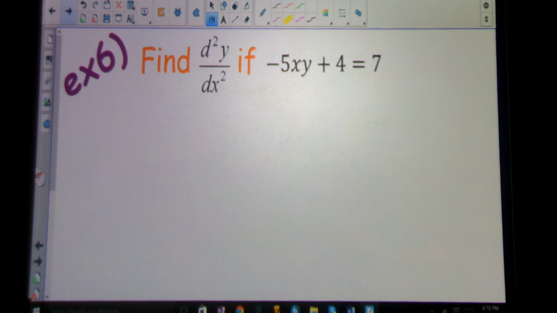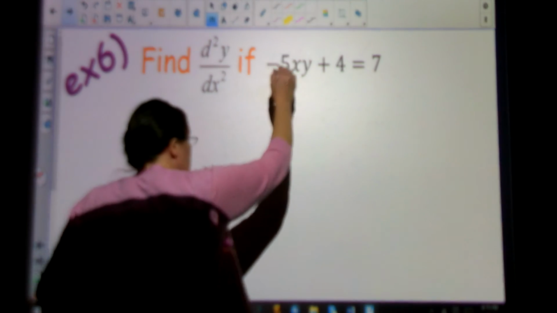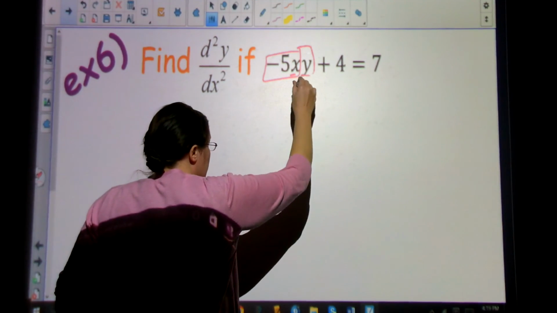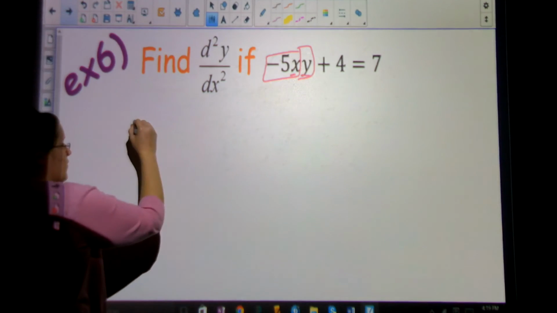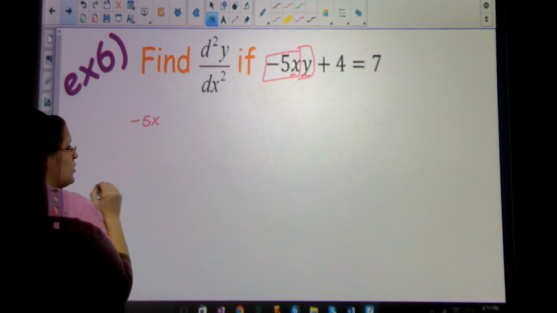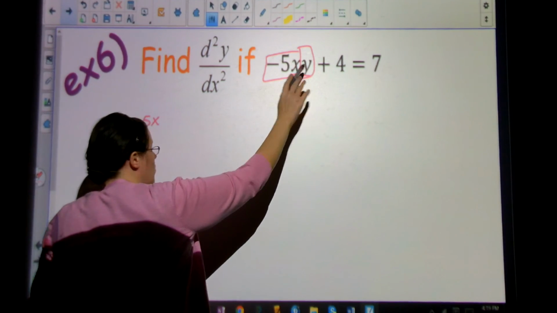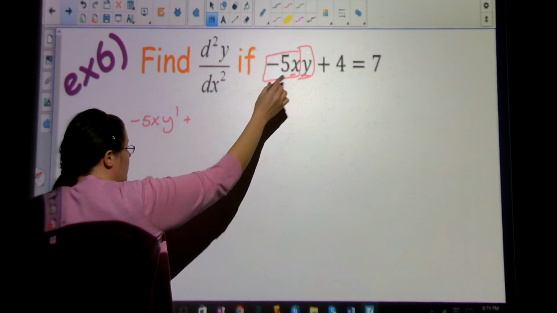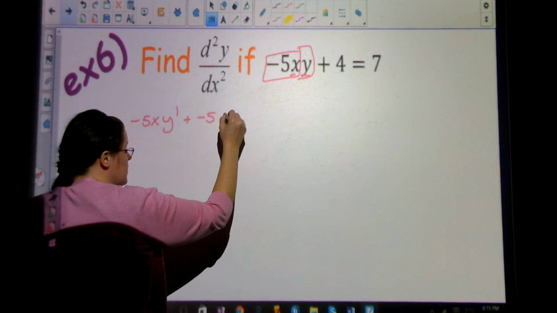Let's try one more, and I think we're done. Okay, so once again, be very careful. Variable, variable. Split this up and do the product rule of this and that. So the first times the derivative of the second is 1 y prime, plus derivative of the first times the second.